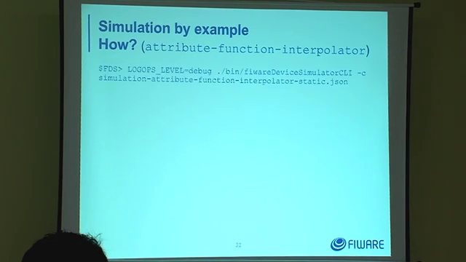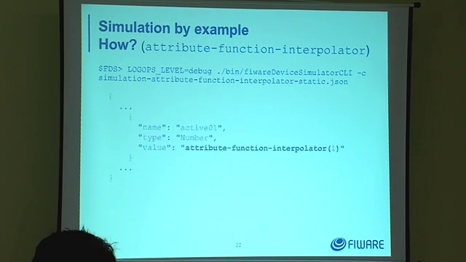So we included this attribute function interpolator, which basically allows you to execute any JavaScript code and return the value you want to set to the attribute. So this is the simplest example of the attribute function interpolator. We are just passing a value, 1. This value will be evaluated by JavaScript, and obviously the result will be also 1.